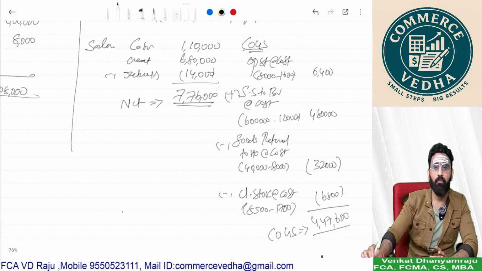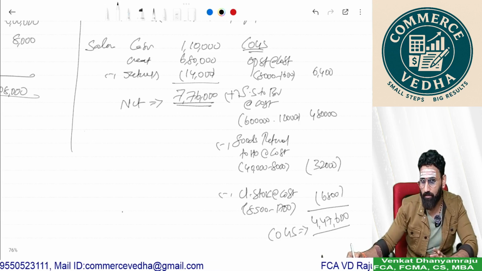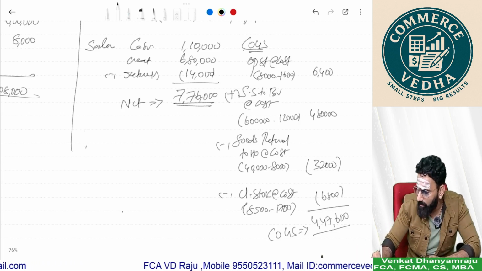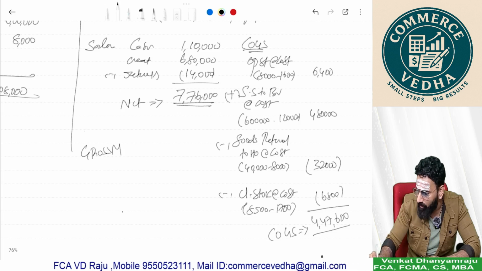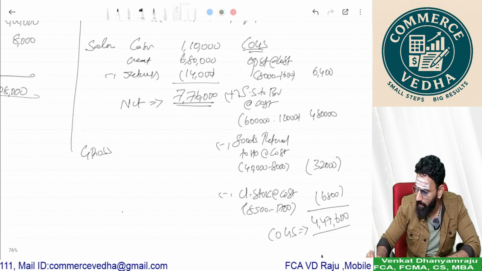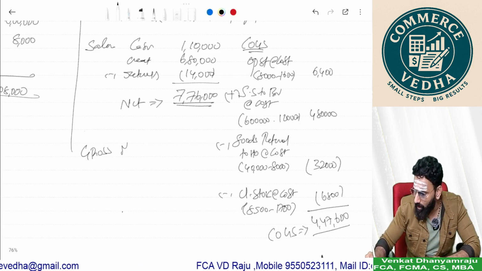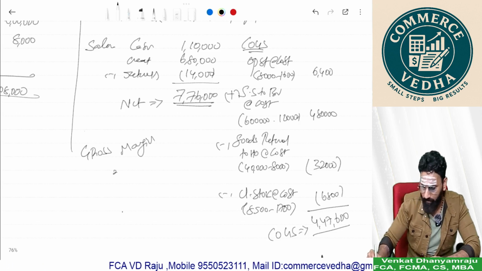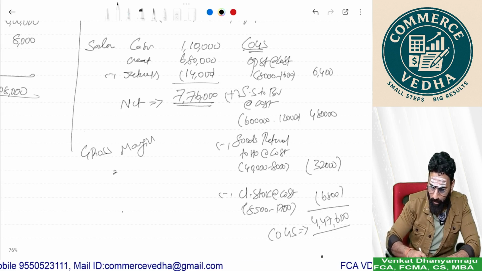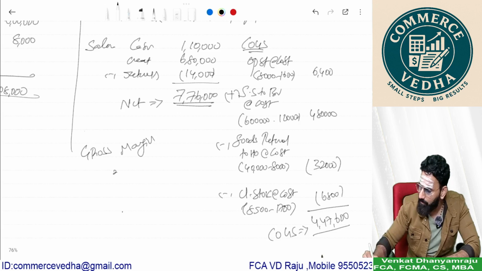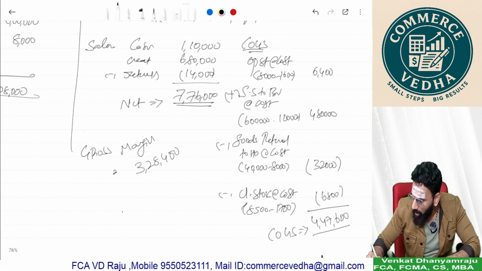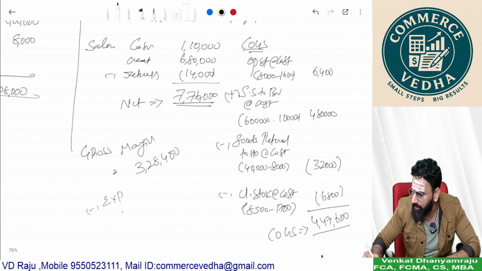So my net sales were 7,76,000 and my cost of goods sold is 4,47,600, leaving me a gross margin of 776 minus 447,600, which is 3,28,400. From this I should deduct my expenses.